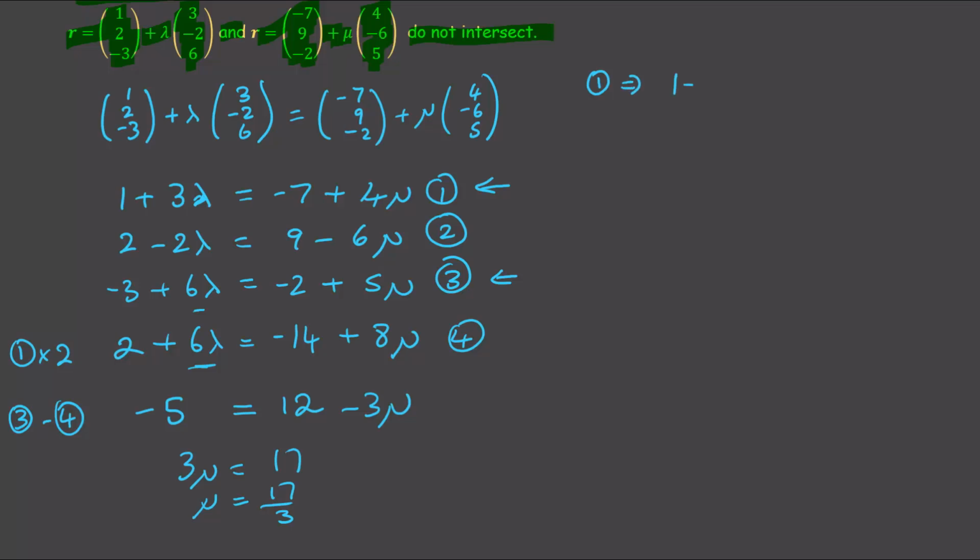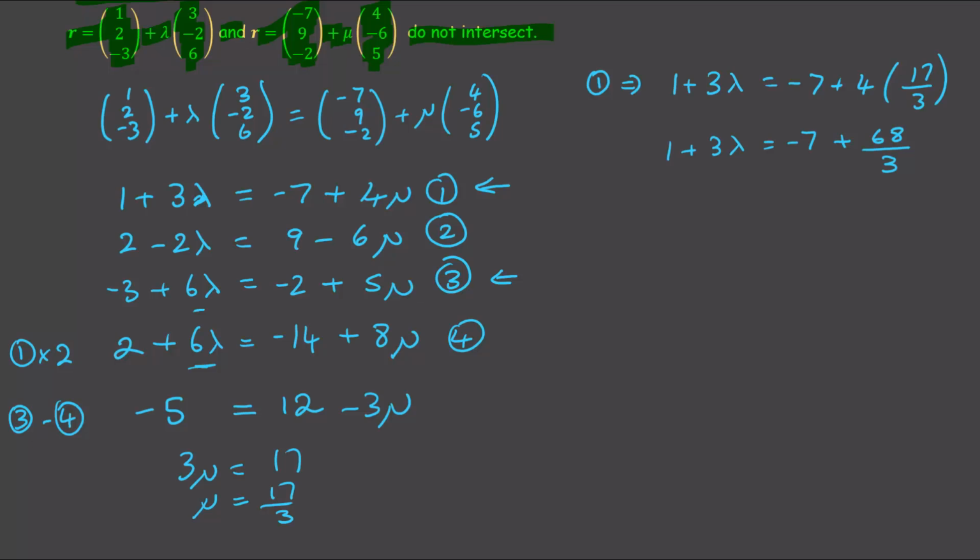So 1 + 3λ would be -7 + 4 times 17 over 3. So 1 + 3λ is -7 + 68 on 3.